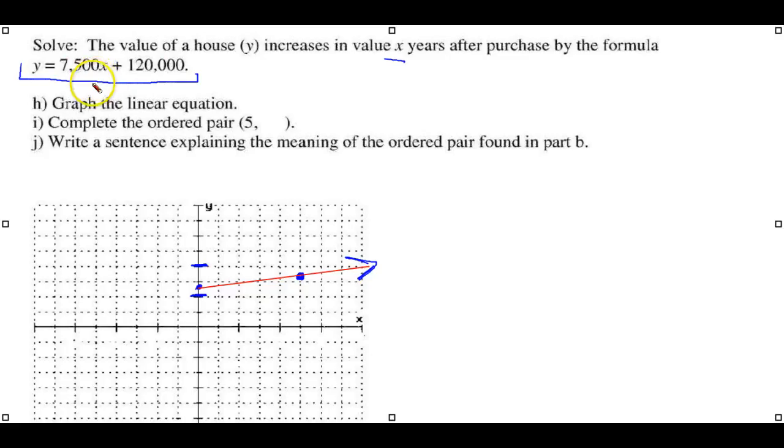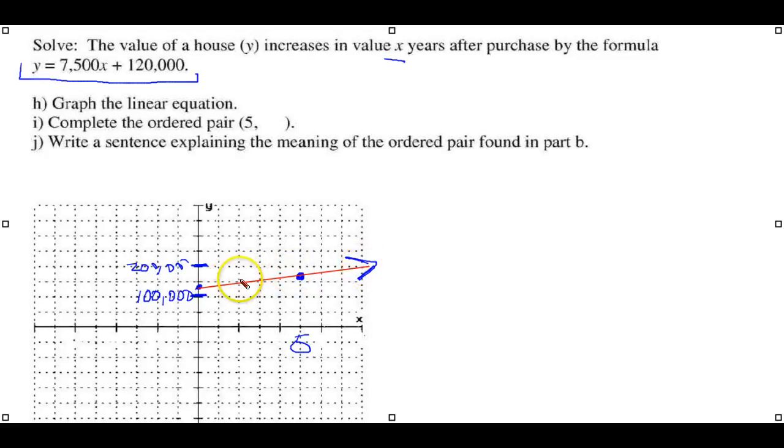So what I did is I made this line here 100,000. This line here 200,000. And I put 120,000 about there. And then after 5 years, it's going to go up, that I've worked out already. So this is what the line indicates.